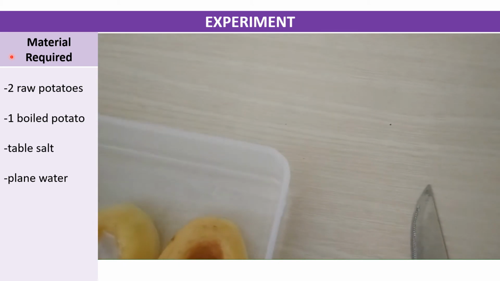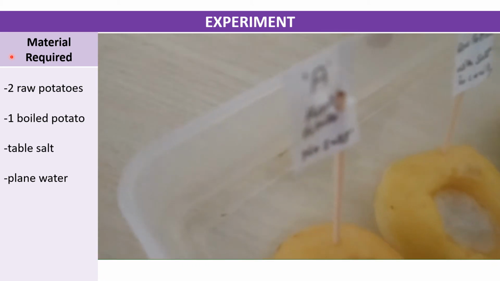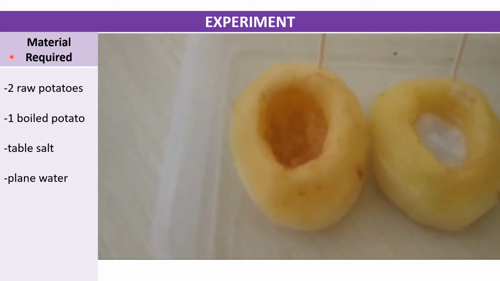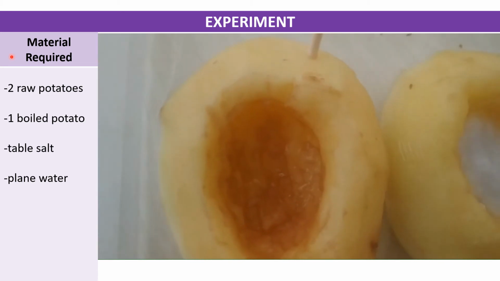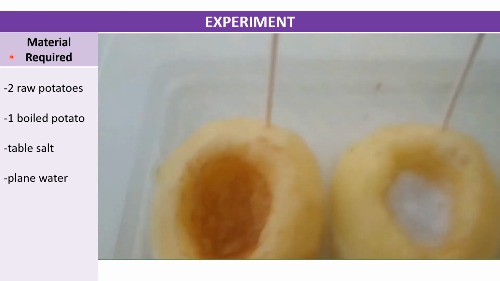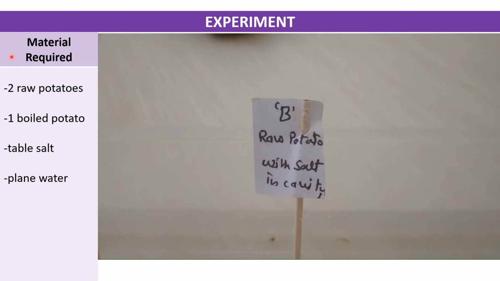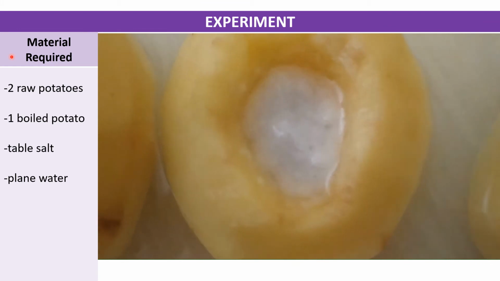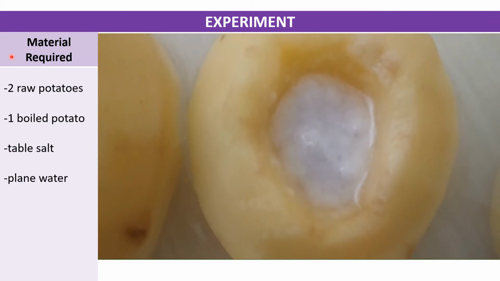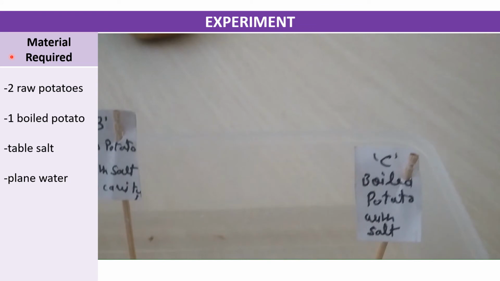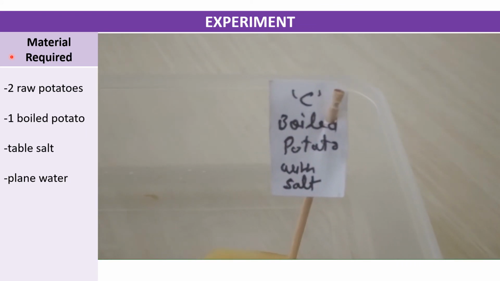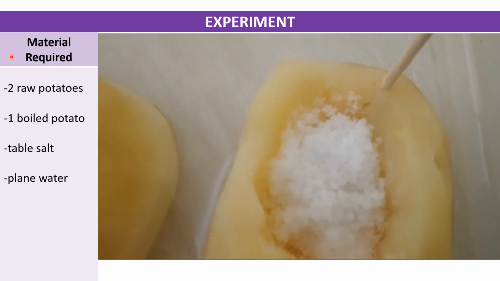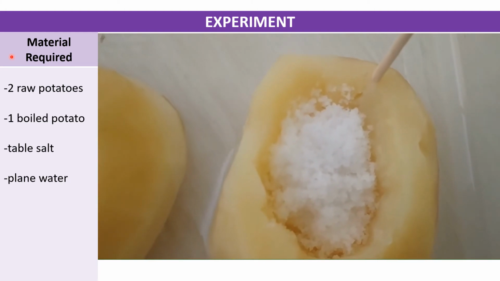You can see in potato A, without salt, there is a little water at the bottom of the cavity, while in potato B, raw potato with salt, you can see salt had dissolved in water, right, while in potato C, which is the boiled one with salt, the salt is not dissolved as the water is not reaching the cavity.